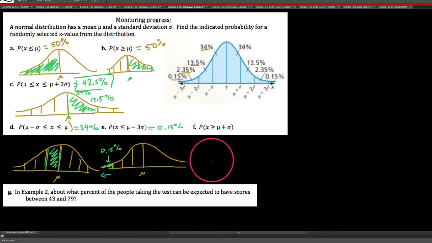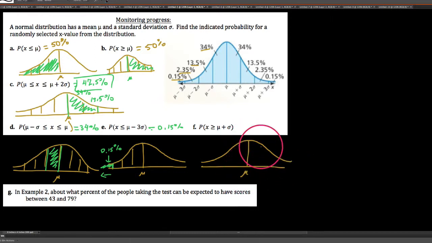And lastly, this one asks how likely it is that our random x value, here's the mean, with 3 standard deviations above and 3 below, is randomly chosen to be greater than 1 standard deviation above the mean. The mean plus 1 standard deviation is this x value right here. We want to know how likely it is that our x value is above this.